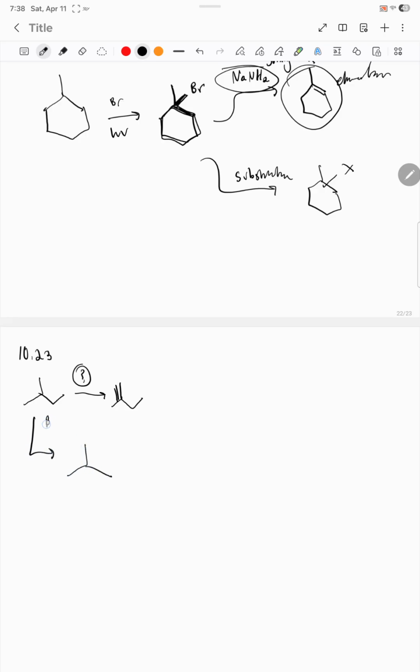So we could do molecular bromine and light or heat. This will abstract the hydrogen onto the most substituted Br. Now for elimination, we learned there could be Zaitsev or there could be Hofmann. It looks like we're using Hofmann.